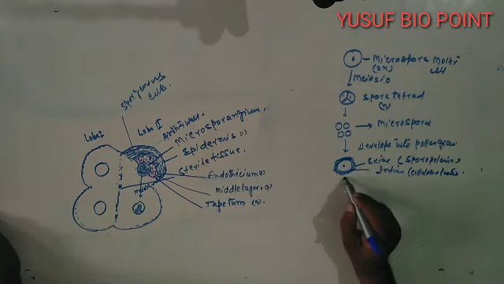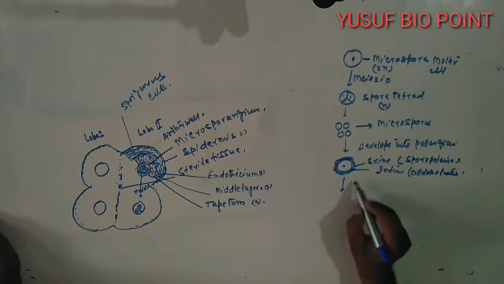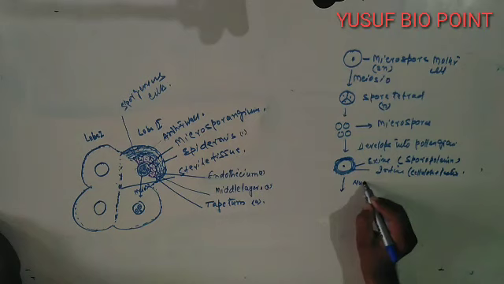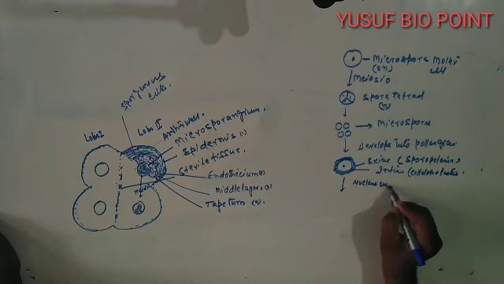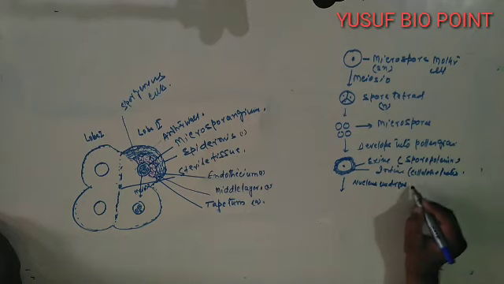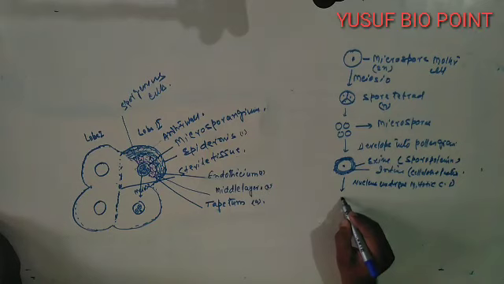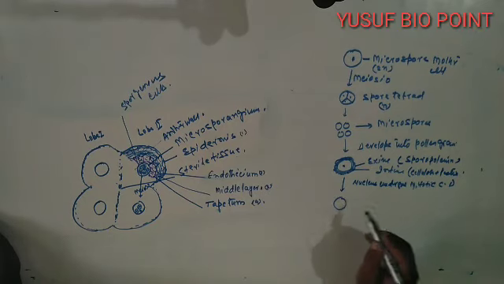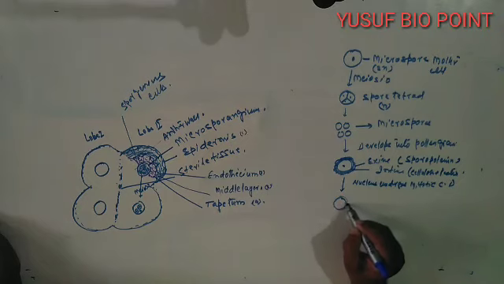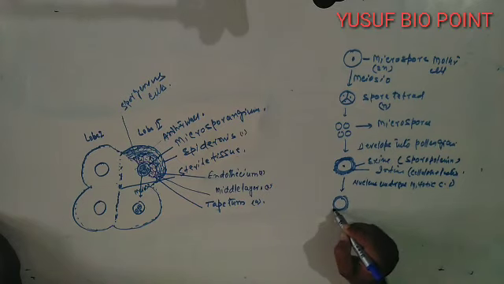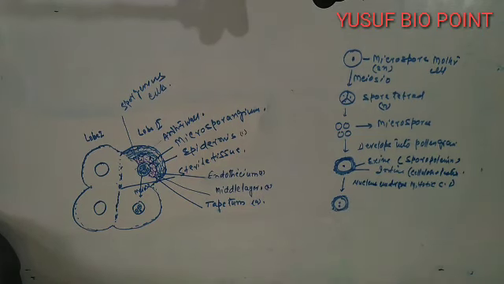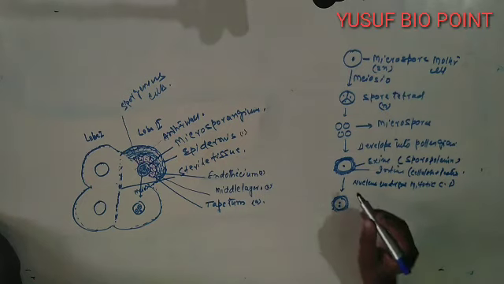Now the nucleus undergoes mitotic cell division and gives us two cells. Understand?